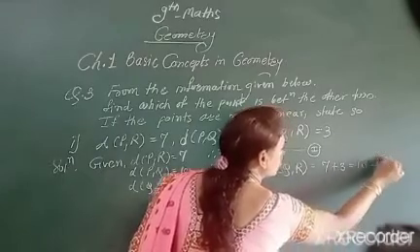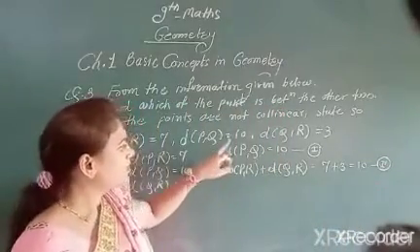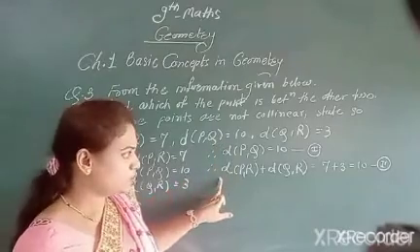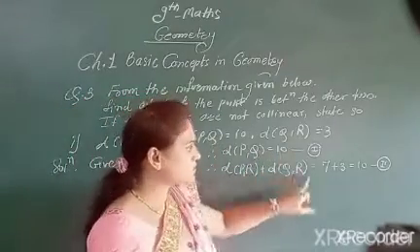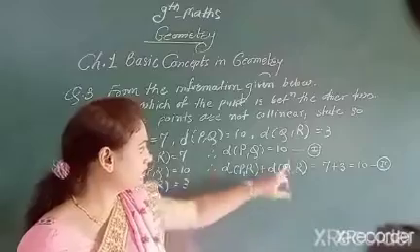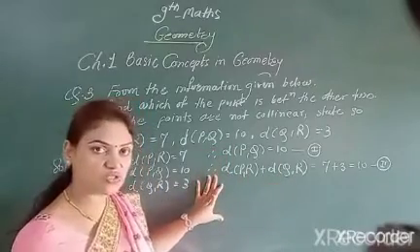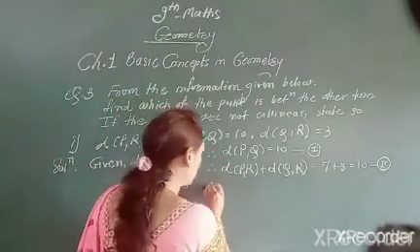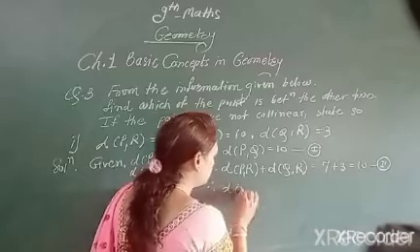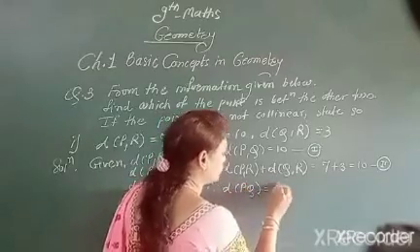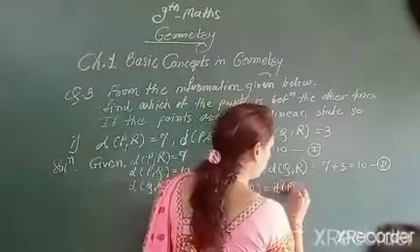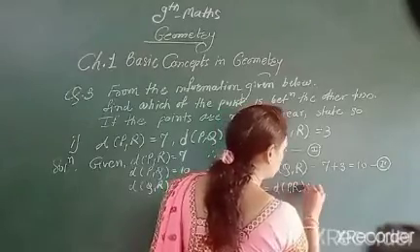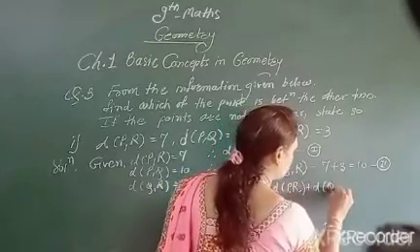This is our second equation. From equations 1 and 2, the RHS of these two equations is the same. Therefore, the LHS of these two equations is the same. Therefore, distance PQ is equal to distance PR plus distance QR.